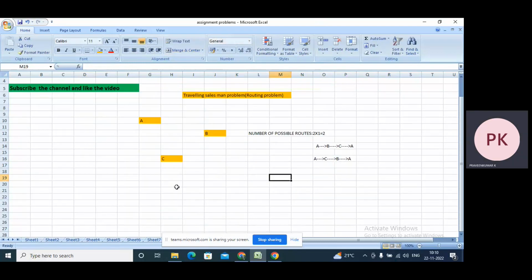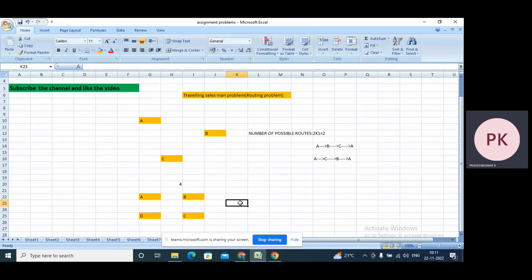Similarly, suppose the number of cities is 4. Let us take those cities as A, B, C, and D. So these are four different cities. A traveling salesman has to visit each and every city in order to minimize his traveling cost. So that is the traveling salesman problem.